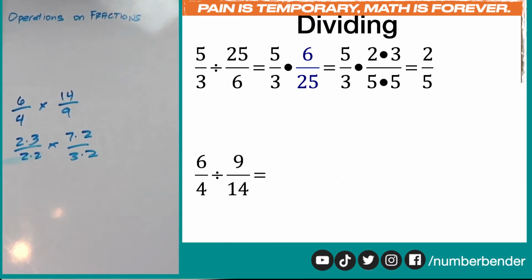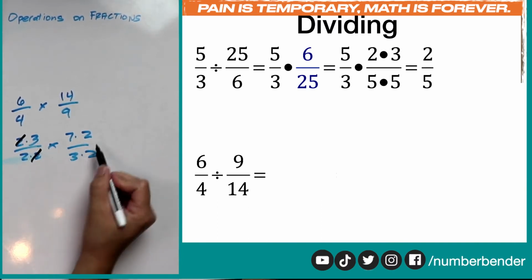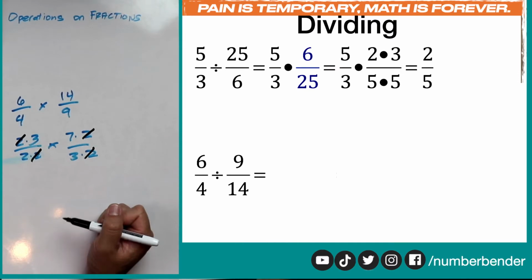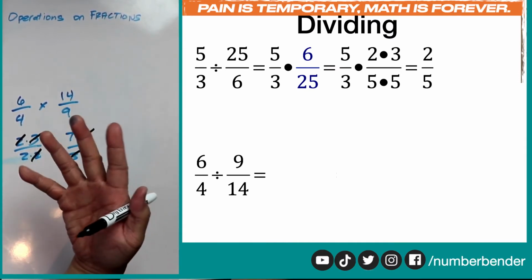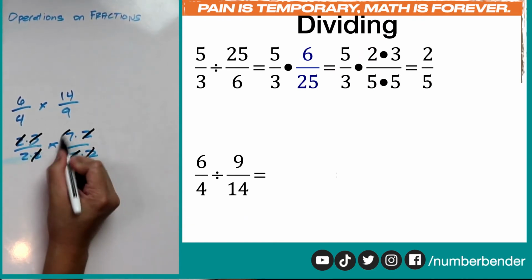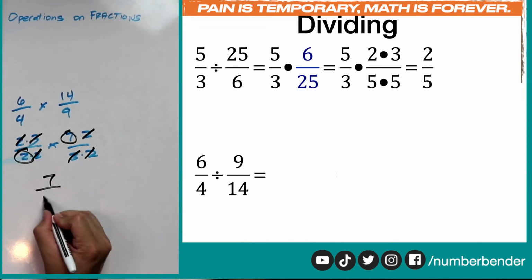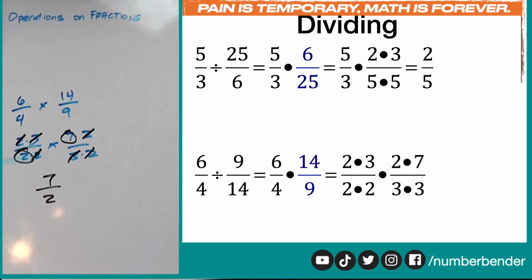And now that we have factored all the composite numbers, let's proceed to cancellation. And whatever is left will be the quotient of 6 over 4 and 9 over 14, which is equal to 7 over 2.